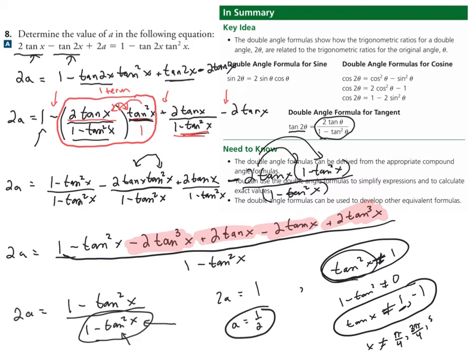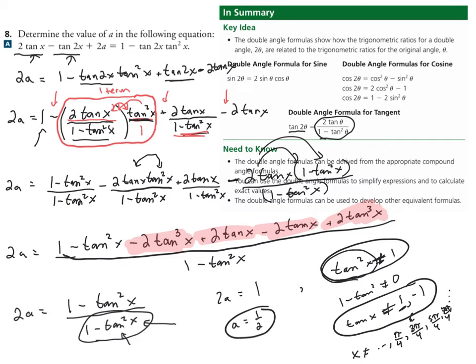Or 5 pi by 4, or 7 pi by 4, and dot dot dot, and at the beginning too. So you really have to put those: x cannot be, dot dot dot, any odd number pi by 4.